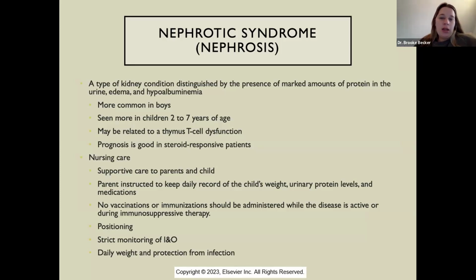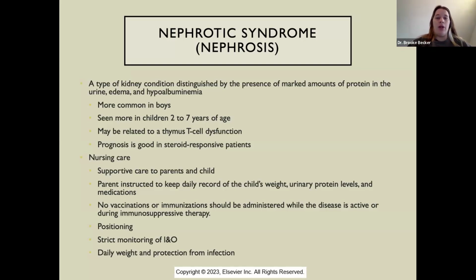So the treatment is utilizing steroids in these kids when they have high protein and they're edematous, like facial edema, hand edema, peripheral edema, and also then low albumin. These kids, a lot of times too, if their albumin's really low, they may also need albumin transfusions.